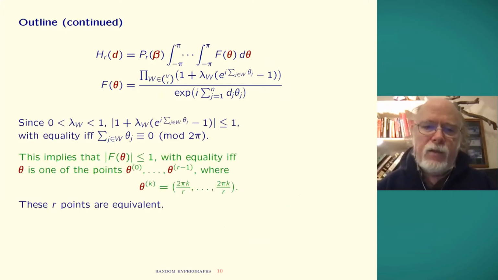First thing to note is that in the numerator there's a product over all R sets. It's a very large number of terms.